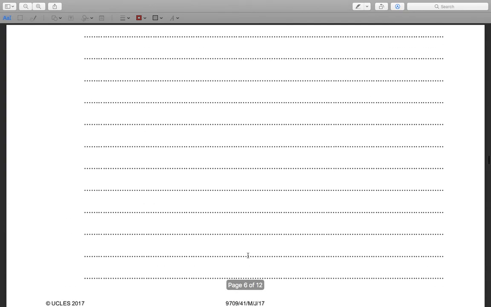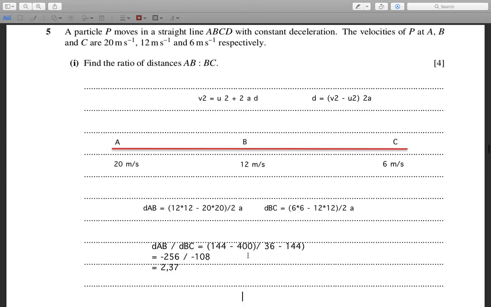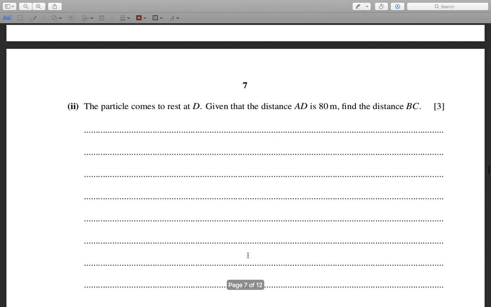AD is 80 and it comes to rest. We find first the acceleration.